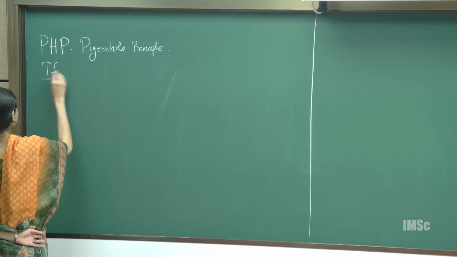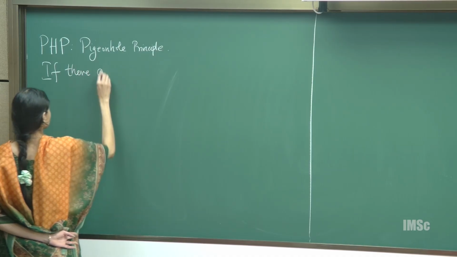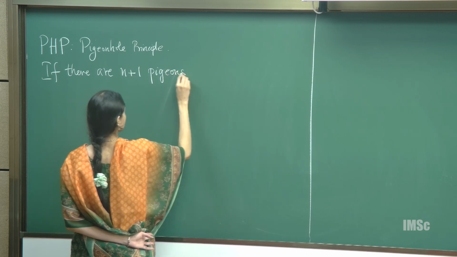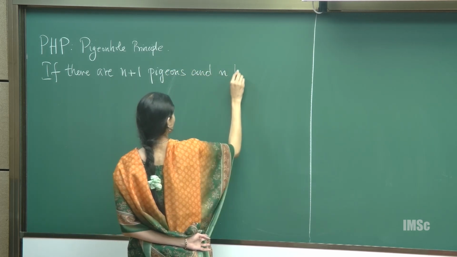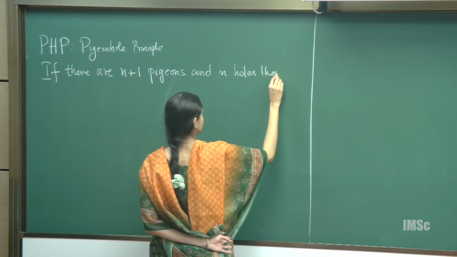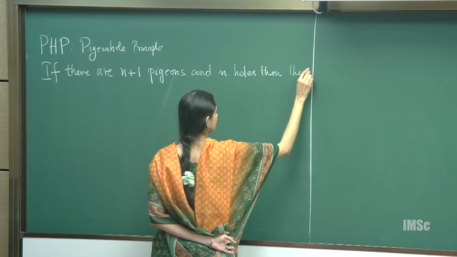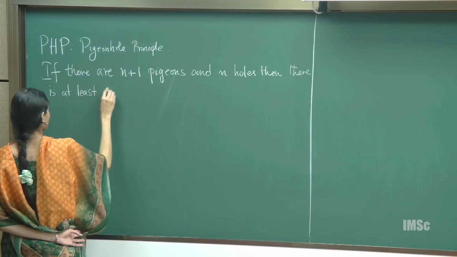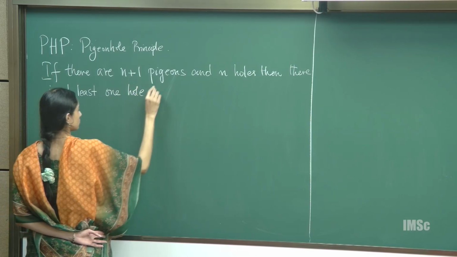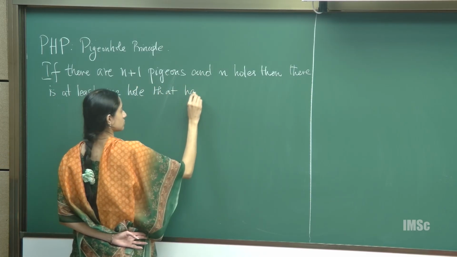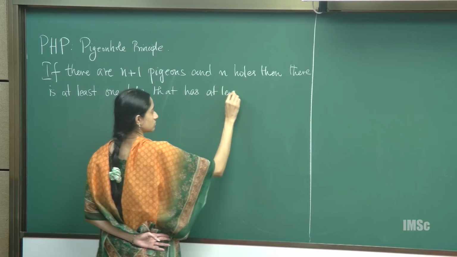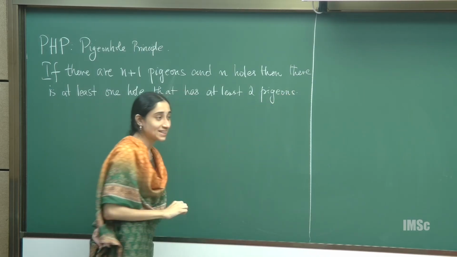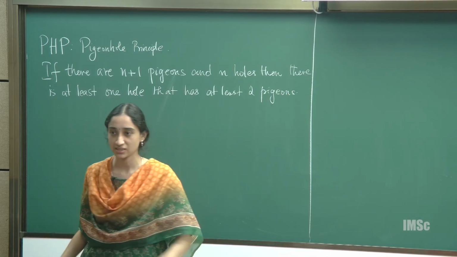So let me write that. So there is at least one hole that has at least 2 pigeons. Is that okay?